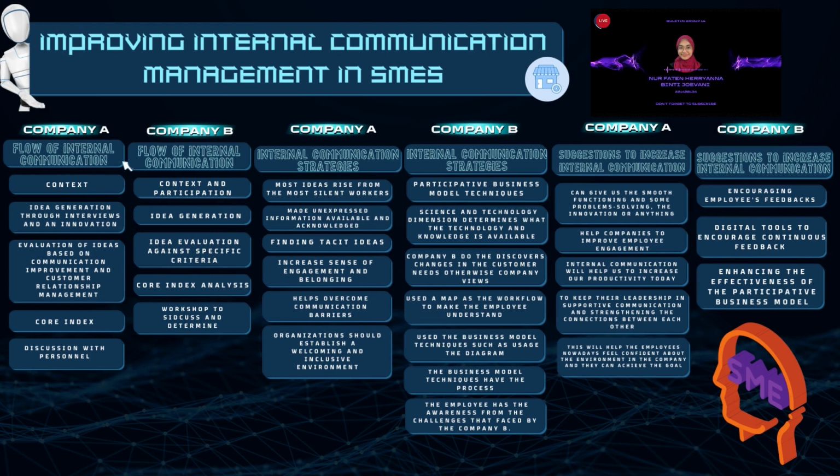The suggestion for Company B is to increase internal communication by encouraging employees' feedback. It fosters an atmosphere where workers feel free to voice out their thoughts, ideas and concerns. By asking for feedback, Company B shows its employees that they value and respect their opinion.